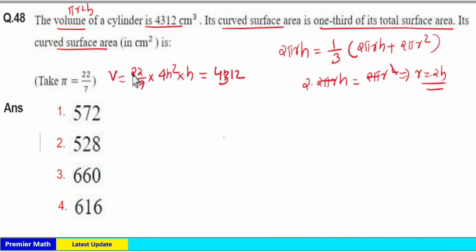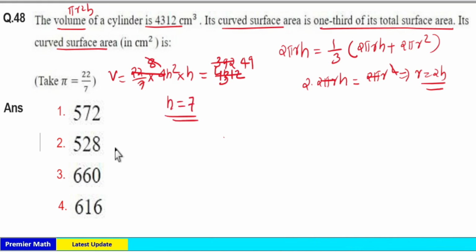So 11 goes 8 times in 88 and 11 goes 3 times in 33. Remaining 10. 11 goes 9 times in 99. Remaining 2. 11 goes 2 times in 22. And 8 goes 4 times in 32. 9 times in 72. So from this H cube is equal to 7 into 49. Then H is equal to 7.